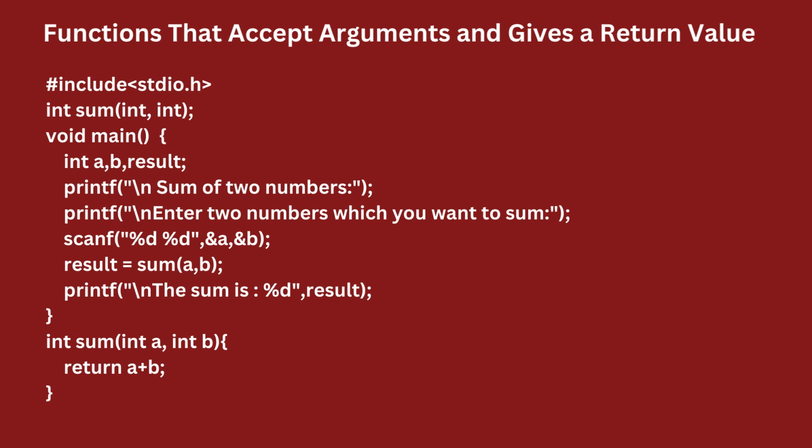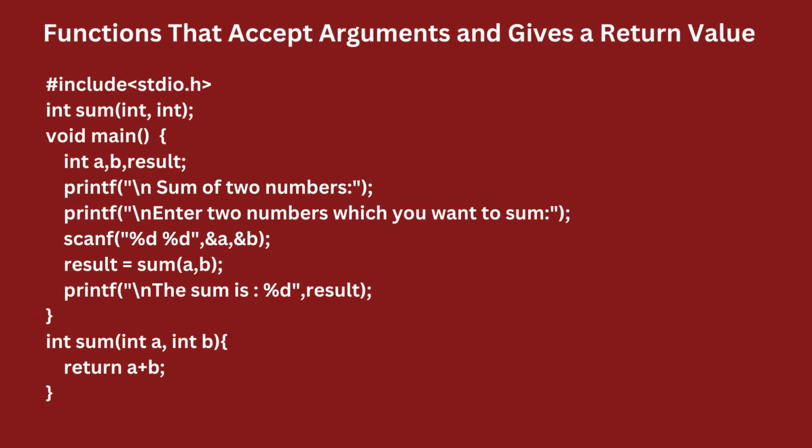So what we are doing: addition of A and B and send it to the calling function. That A and B addition result will be stored in this result variable, and then print the result. That means we create these as global variables. Okay, I think the four ways of calling are clear to you.